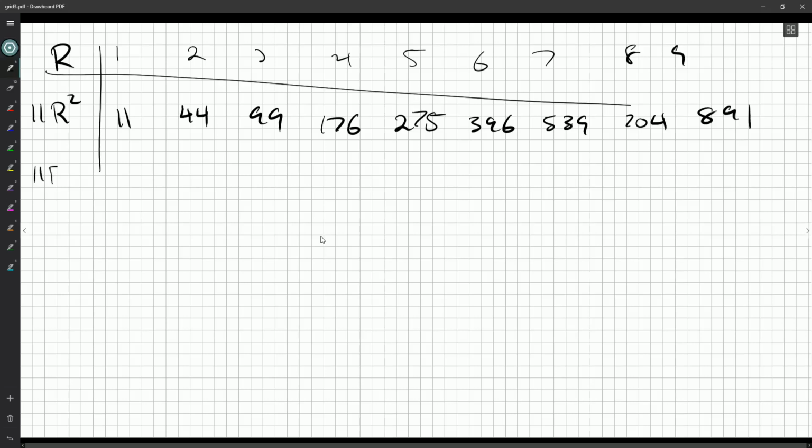So 11r squared plus 9 would be 20, 53, 108. It'll end in a 5, so 185, 284. Here's another one that's going to work. So add on 4 and then 5, so 405.